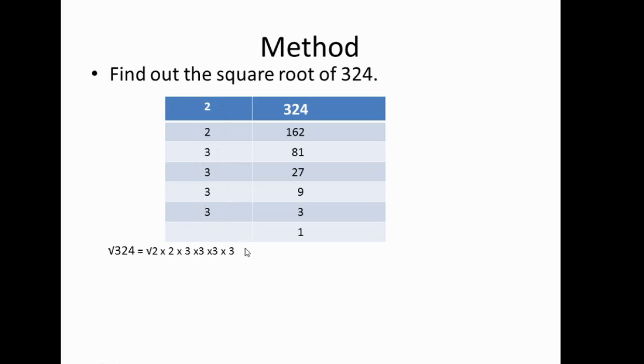So we need to write this formation like this. As you know, this is a sign for a square root. So 324 is equal to these factors we have taken out, under the sign of a square root. As we are working out the square root, we need to put the sign along with the numbers.